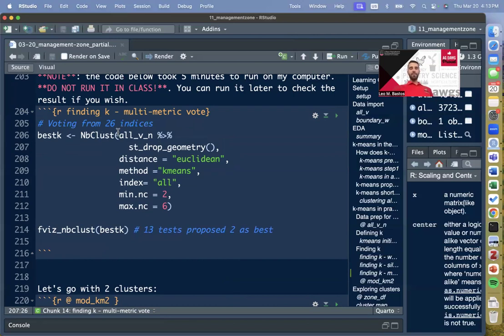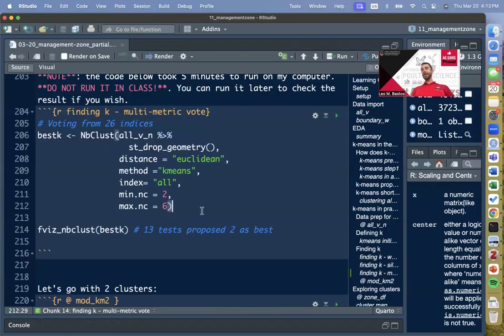In this code, I'm given the same data. I'm saying that my distance is the Euclidean distance, so it's like a linear distance. I'm saying the method is k-means. I want all the indices, all the 26 indices. And I'm starting with the minimum number of clusters of 2 and the maximum of 6. Instead of 10, I changed it to 6 just to go a little bit faster.